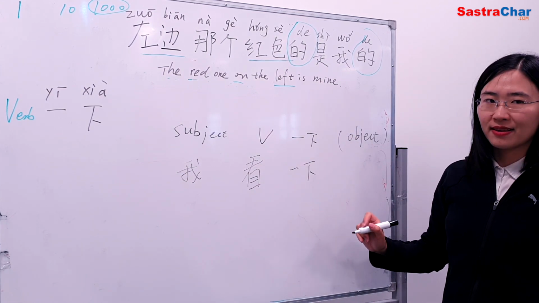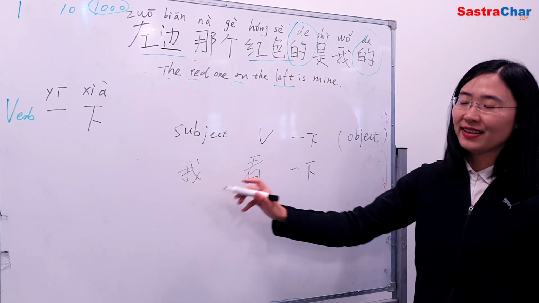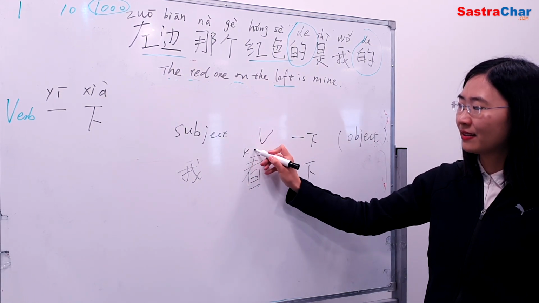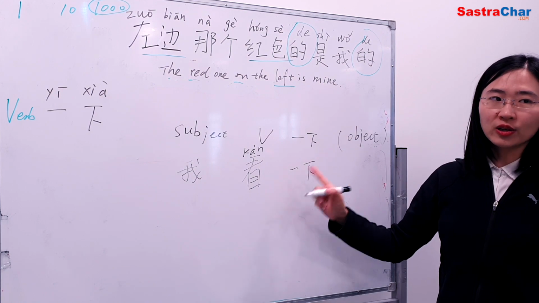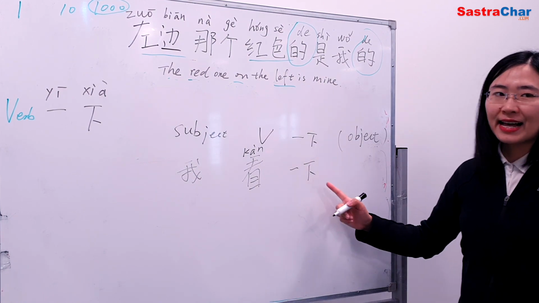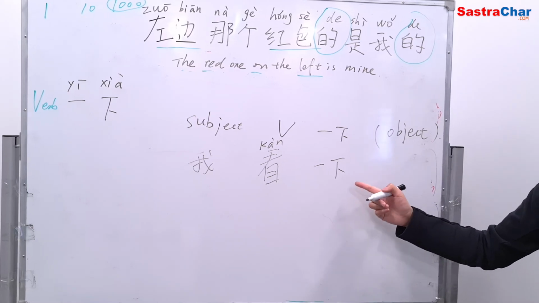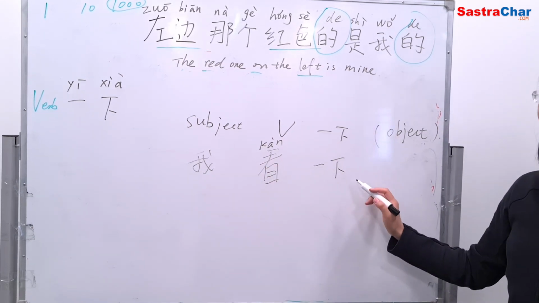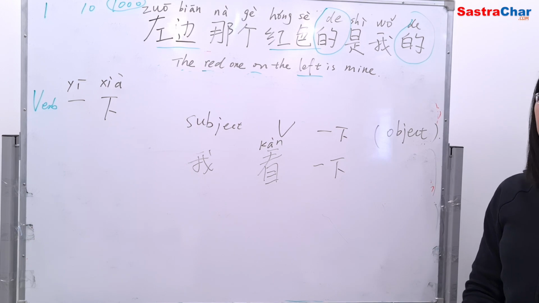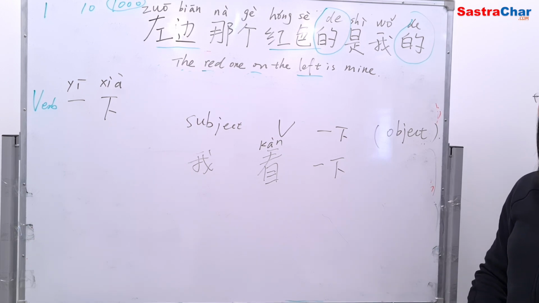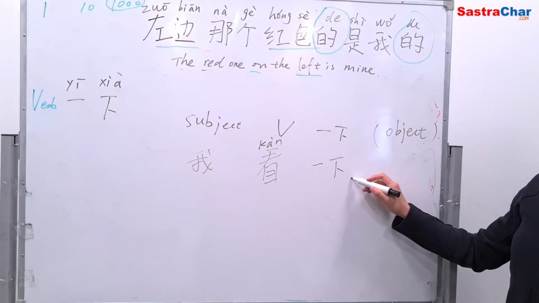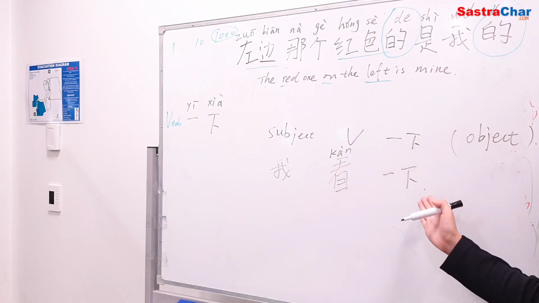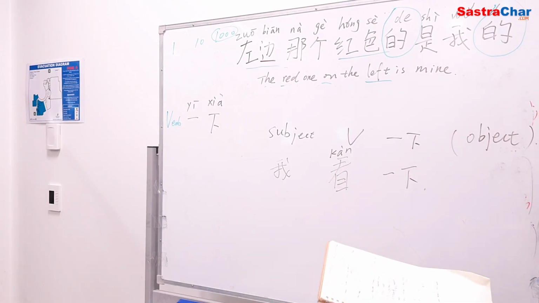Okay, what does this mean? 看 means to look or to read, right? And 一下 is a short action or an attempt. So 我看一下 means, oh, I take a look, right? I take a look, but you don't know what you are looking at. So you just say, I take a look, 我看一下. Okay.